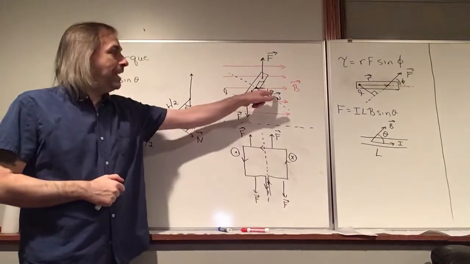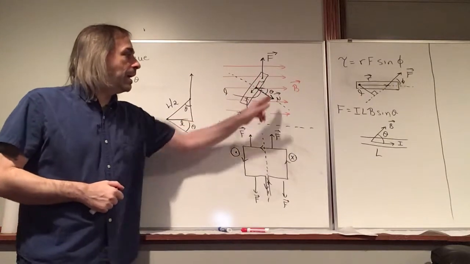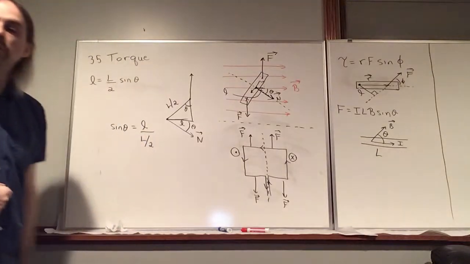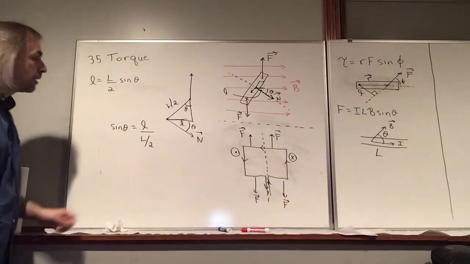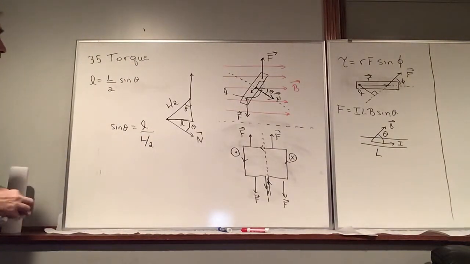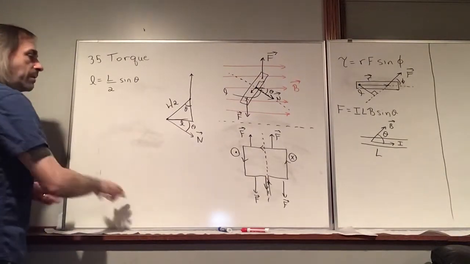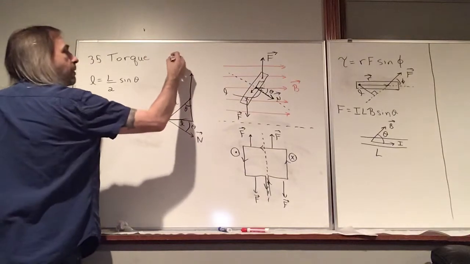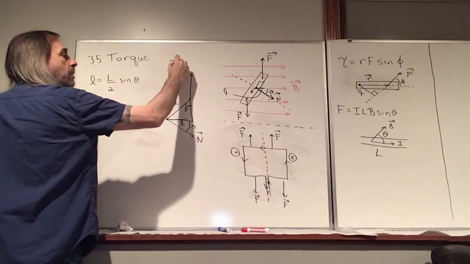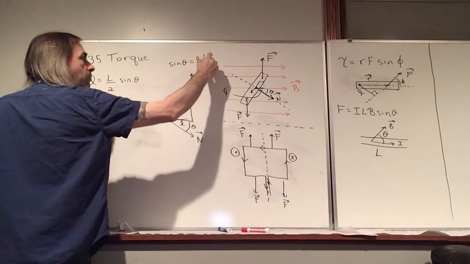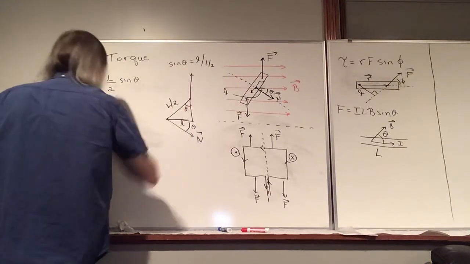And again, theta is the angle between the magnetic field and that normal direction. Okay, so let me move this, see if I can cram everything in without erasing anything. So I'll just move this over here. So sine of theta is the lever arm over L over 2.